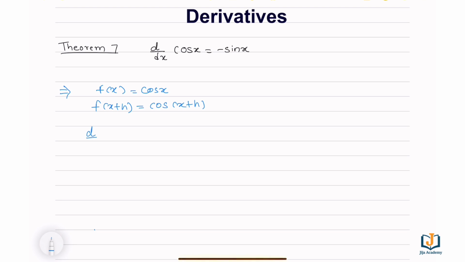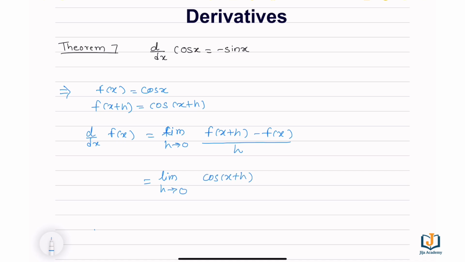So differentiation of f of x is equal to, by first principle, limit h tends to 0, f of x plus h minus f of x divided by h, is equal to limit h tends to 0 cos x plus h minus cos x divided by h.